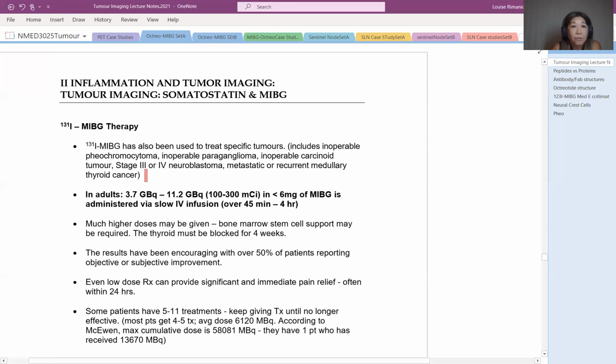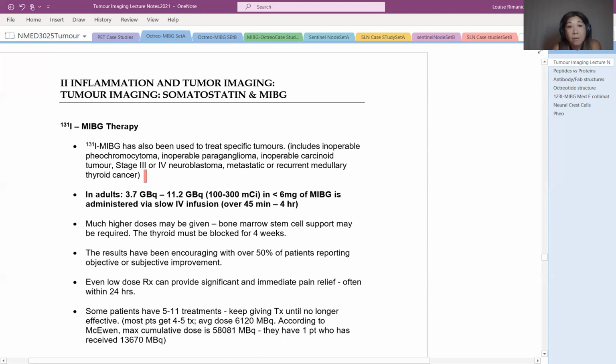I recommend that you go and listen to him, because he's got a lot of knowledge and a lot of years of experience behind him. He was the first to propose using I-131 MIBG for treatment, particularly in peds.